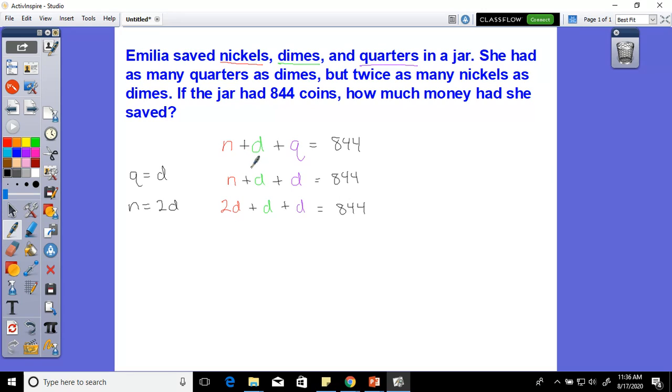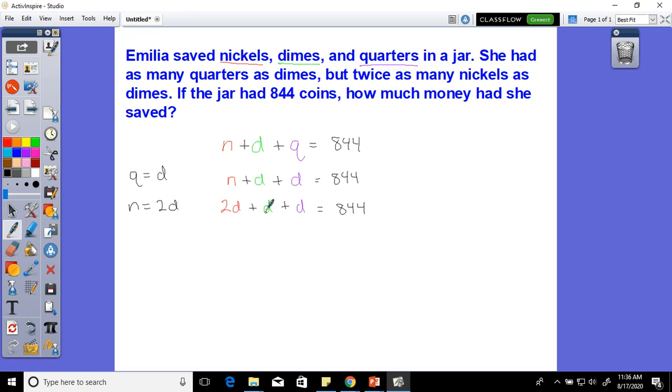So once again, all I've done is I've replaced some variables here. I replaced the Q with D, or quarters with dimes, because they're the same number. And I replaced N with 2D because the number of nickels is twice the number of dimes.